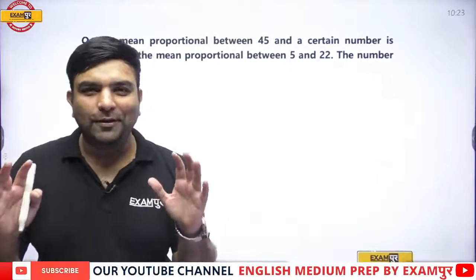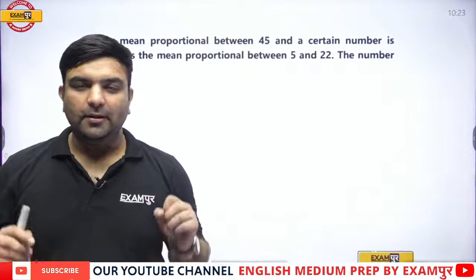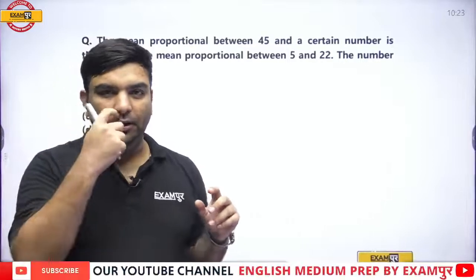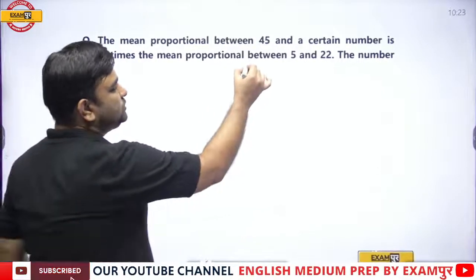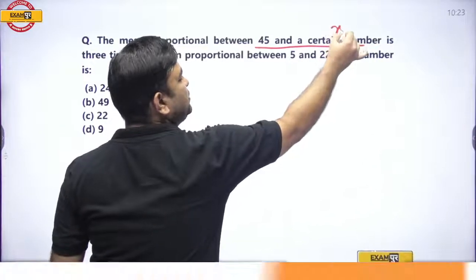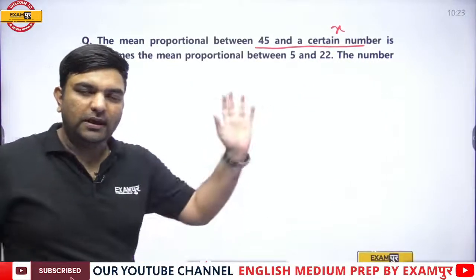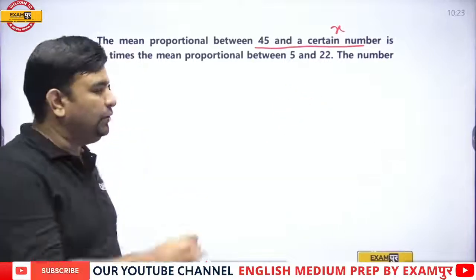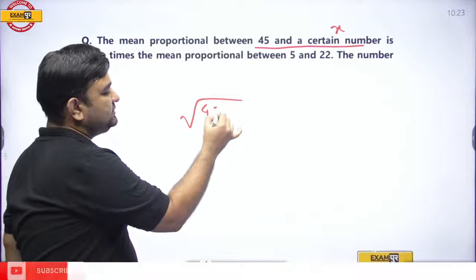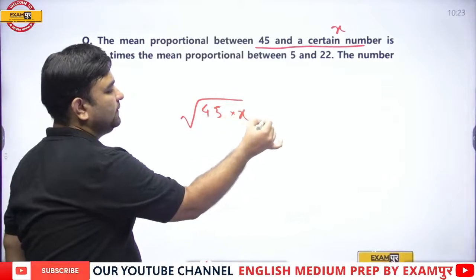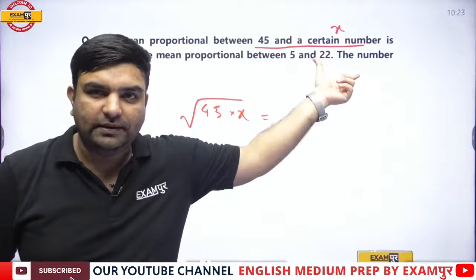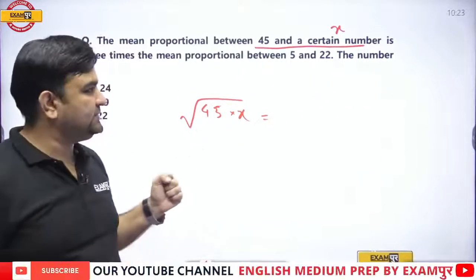How do you calculate the mean proportion between two numbers? It's under root. So the mean proportion between 45 and a certain number, let's suppose x, is going to be under root 45x.